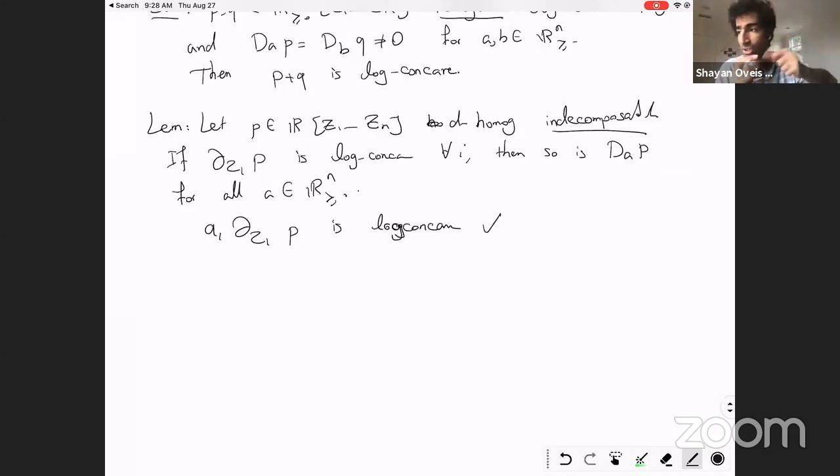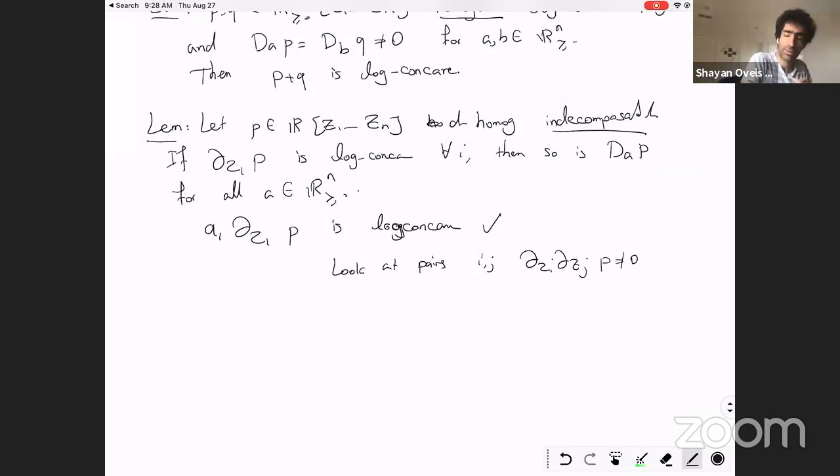It says that there is no partitioning, that you cannot write P as a sum of two polynomials with disjoint sets of variables. So if I look at pairs i, j such that partial Zi partial Zj of P is not equal to 0, then these pairs form a connected graph.